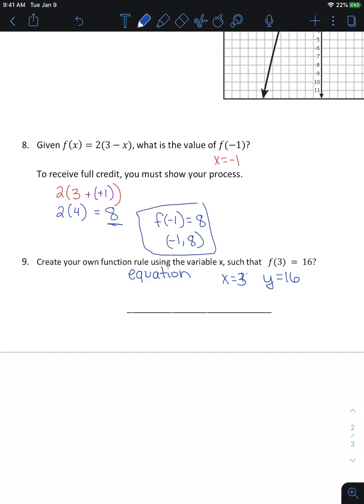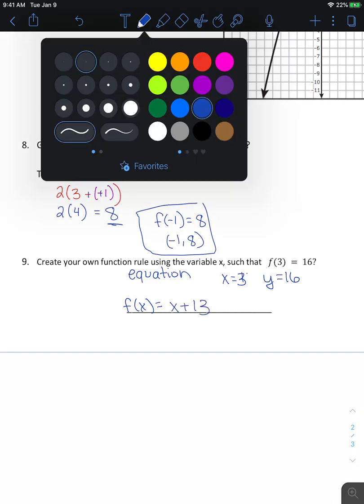So we could say what? Well, I could do 16 minus 3. That would give me what? 13. So I could say f of x equals x plus 13. And we can always check our work to make sure it works out.